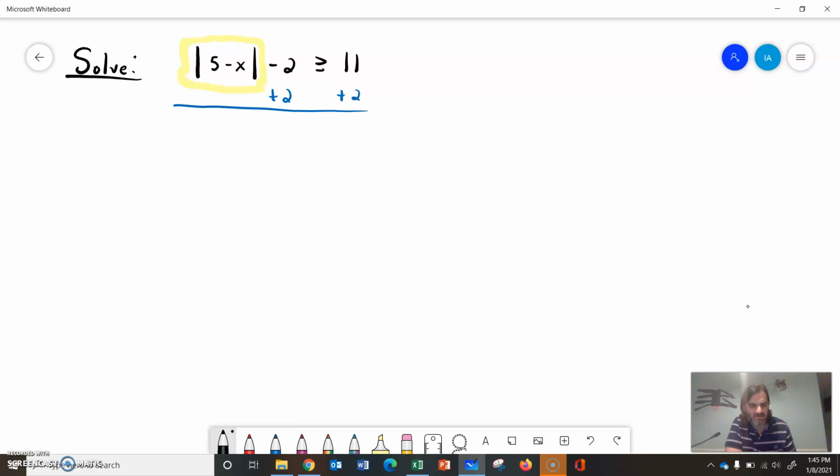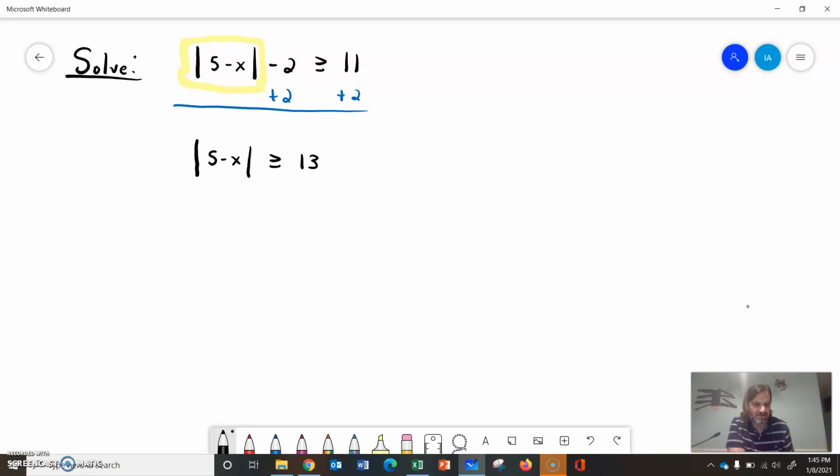And then my problem will look like the absolute value of 5 minus x greater than or equal to 13. Okay. So now that I have an absolute value by itself, I can look at getting rid of the absolute value. And remember that if it's absolute value greater than, then it creates 2 separate disjoint inequalities.